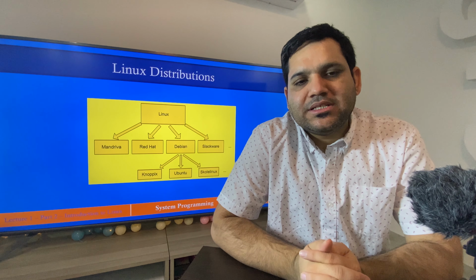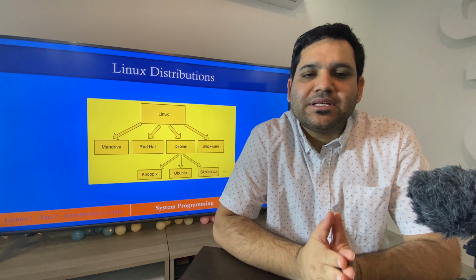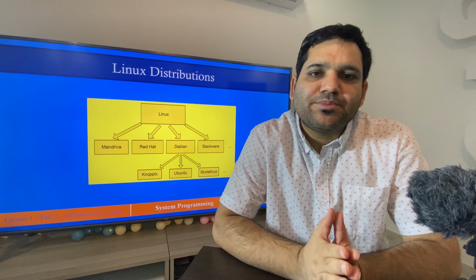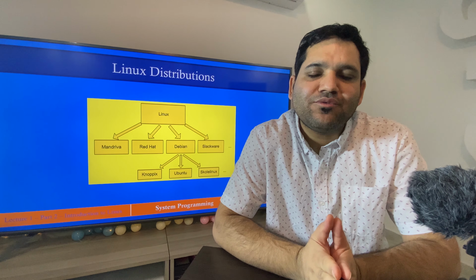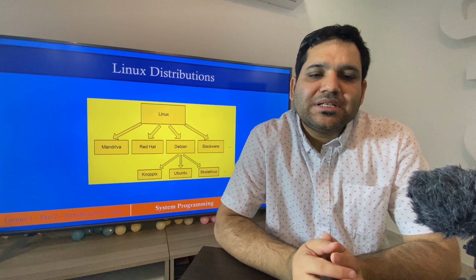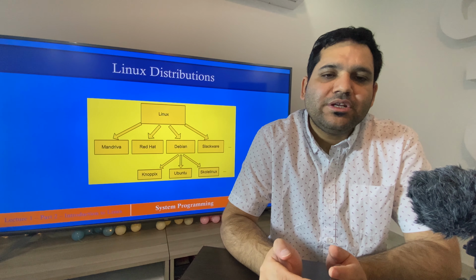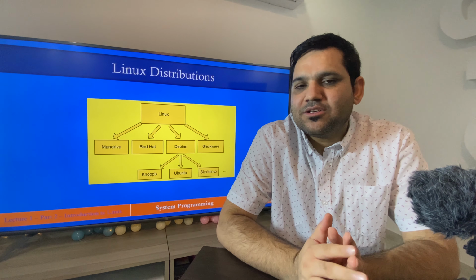Let's now talk about the Linux distributions. Right now a very large number of operating systems and distributions are available which are based on the Linux operating system. As I discussed, the Linux operating system is freeware and shareware, which is the reason anyone can modify it, give it a new name by adding some new features, and even launch it as a commercial operating system.